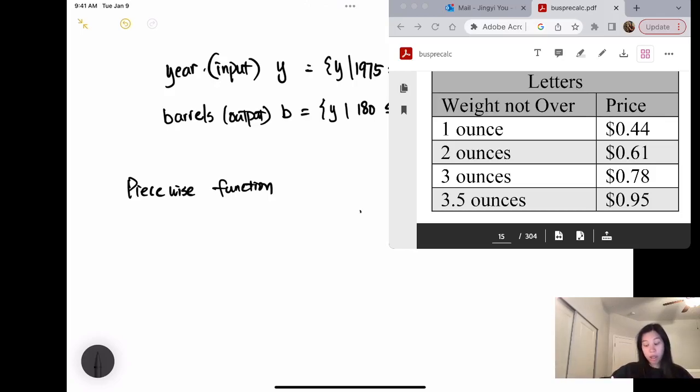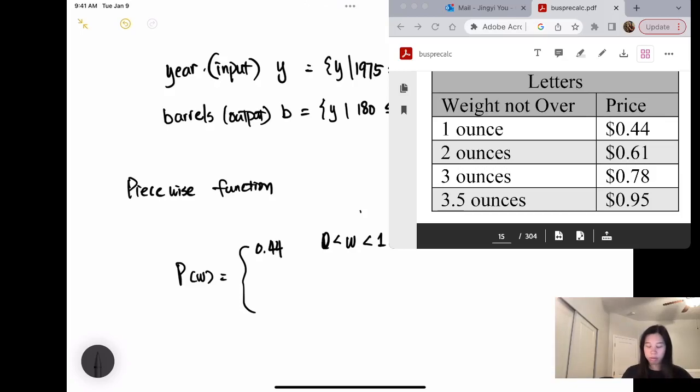So if the letter weighs in between 0 to 1 ounces, how much would you charge them? Let me write it in function notation. How much should the price be? 14 cents, right?